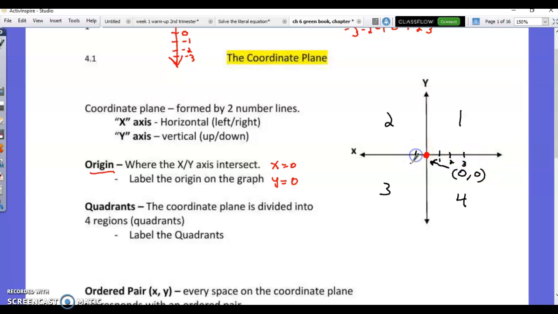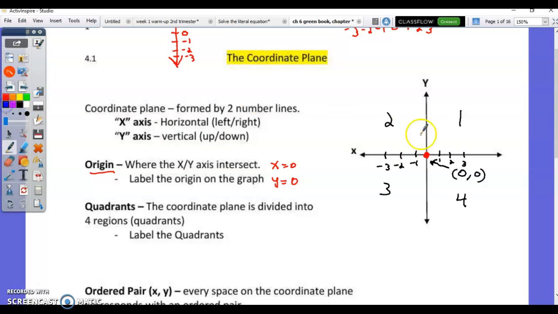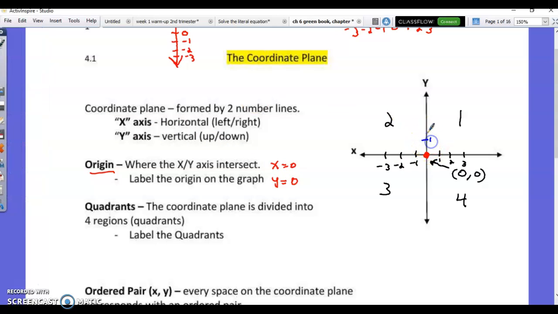This might be -1, -2, -3. And then going on our vertical, we would have 1, 2, 3, and so on, and -1, -2, -3.